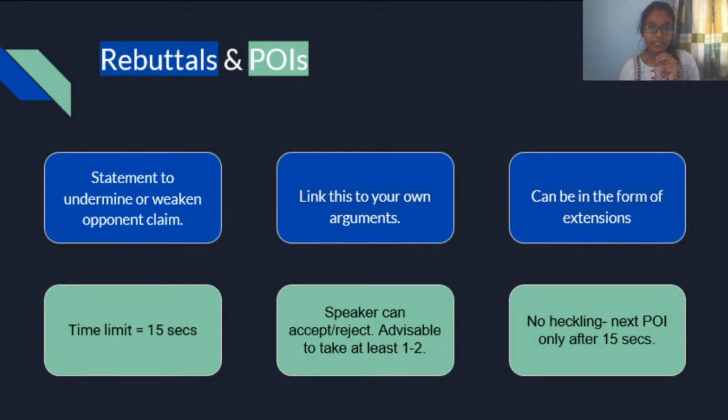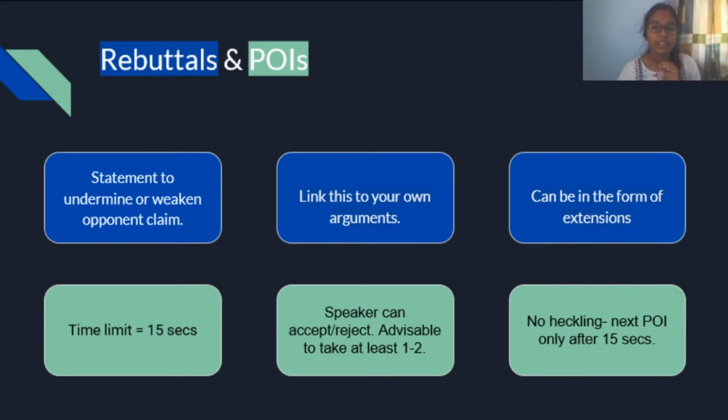At the end, the speaker can either accept or reject the POIs completely at his or her wish. But in a good debate room, it's mostly advisable for him or her to take at least two, because it serves as a good pathway to prove them wrong and justify their point even more, and it basically builds their case stronger and better.